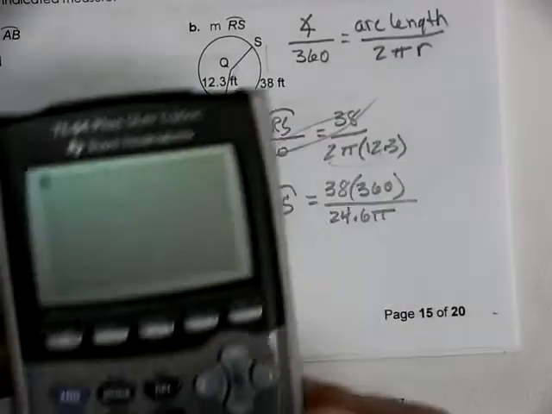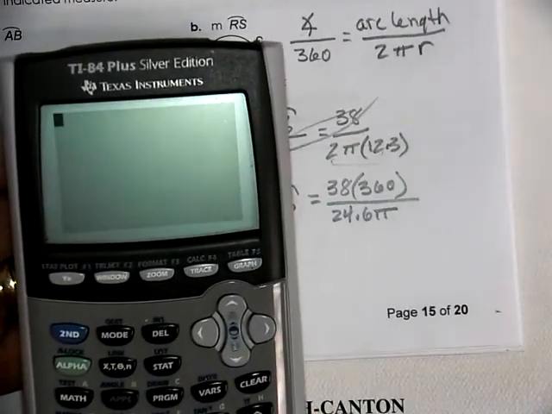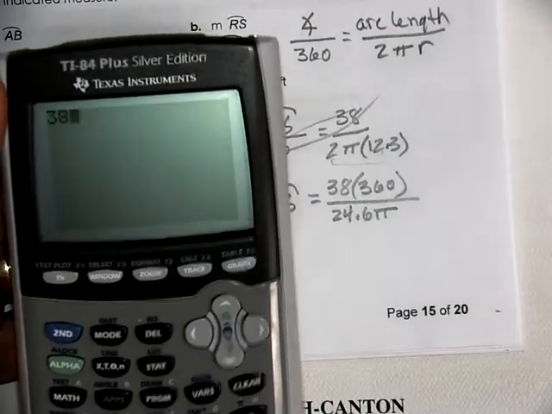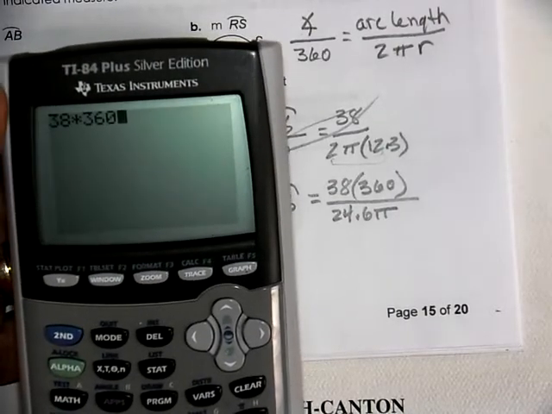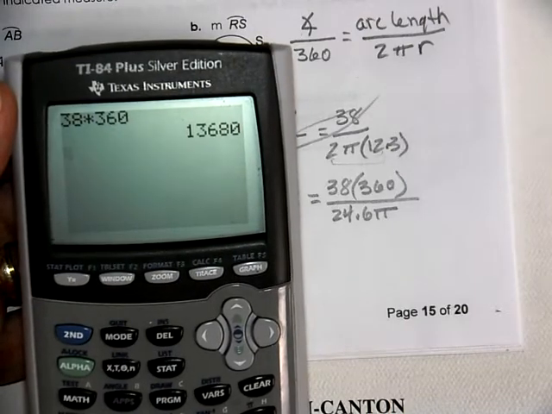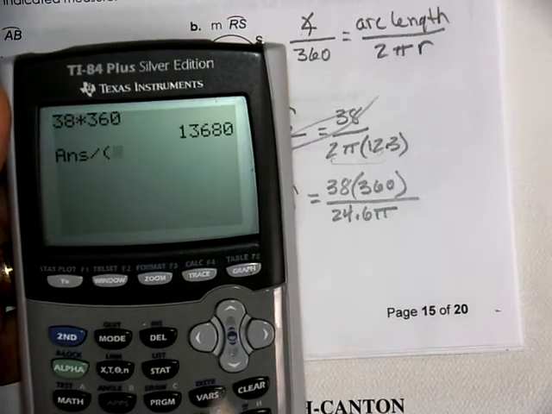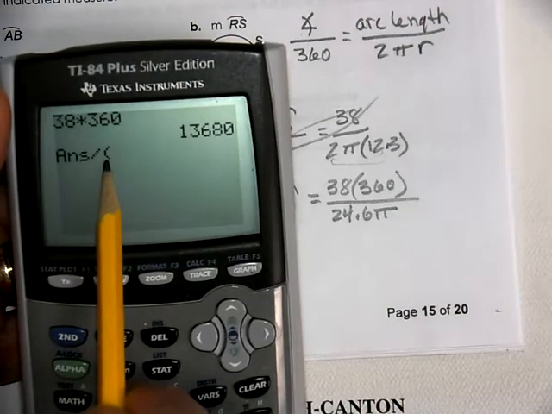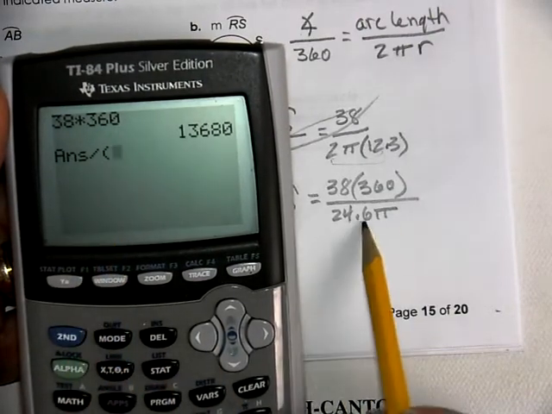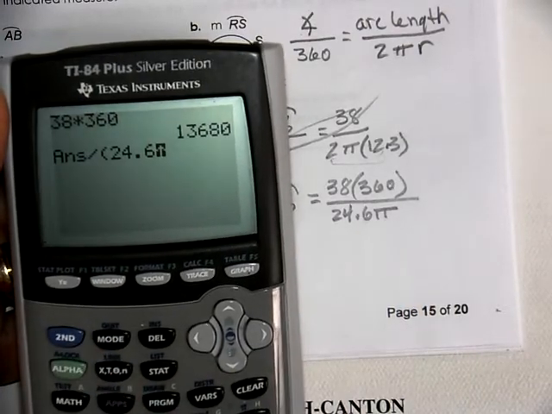Again, we can use our calculator. We have 38 times 360. And we're going to divide that. You must use parentheses. You've got to use parentheses when you type in two pieces. 24.6 pi.